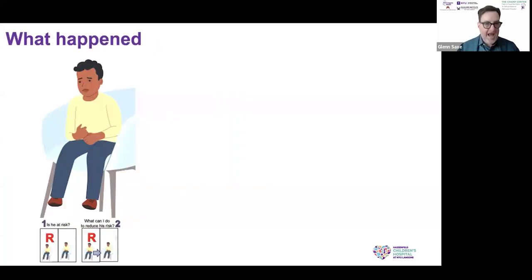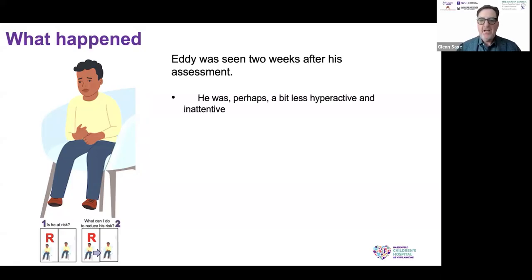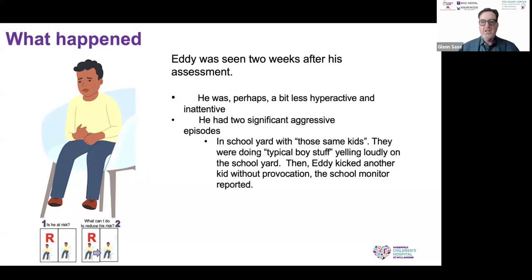So what happened? He's seen 2 weeks after his assessment, and he was perhaps a bit less hyperactive and inattentive, but he had 2 significant aggressive episodes. One in the schoolyard with those same kids.